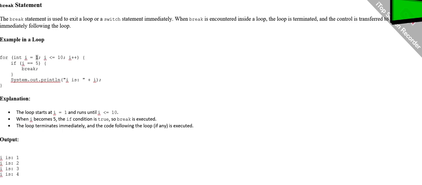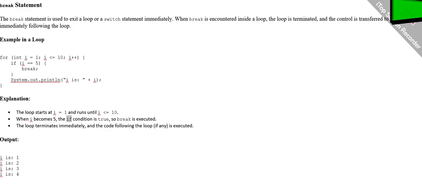Example in a loop. for (int i = 1; i <= 10; i++) { if (i == 5) { break; } System.out.println("i is " + i); } Explanation: the loop starts at i equals 1 and runs until i equals 10.